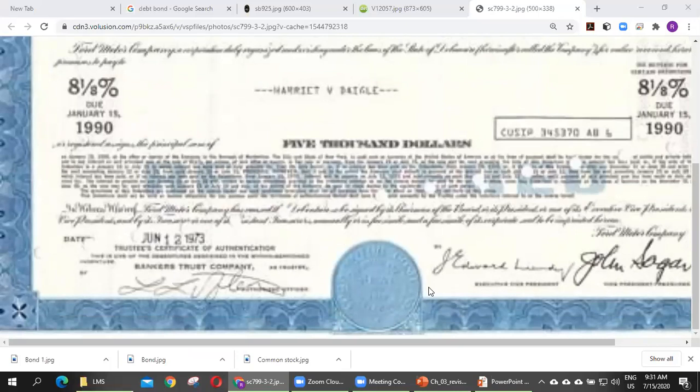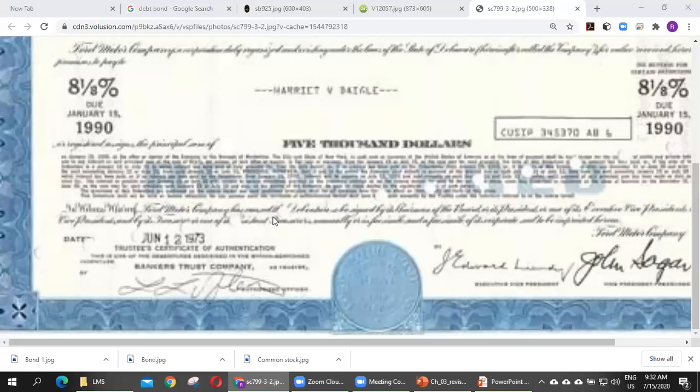And how many years is the maturity period? We can redeem this bond on 15th January 1990. The issue date is June 12th of 1973. Yes, a 17-year bond.